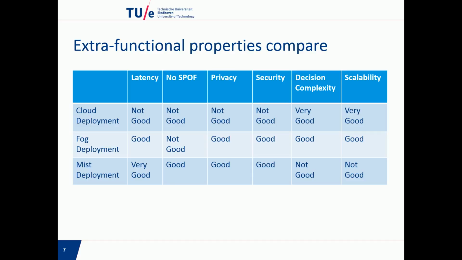The mist does not have good decision complexity because of its lowest processing capacity and lowest storage.